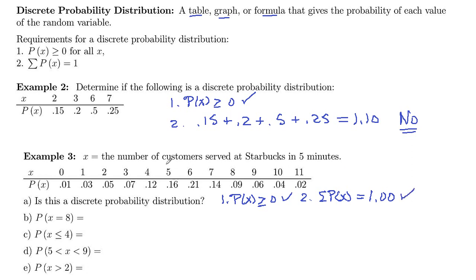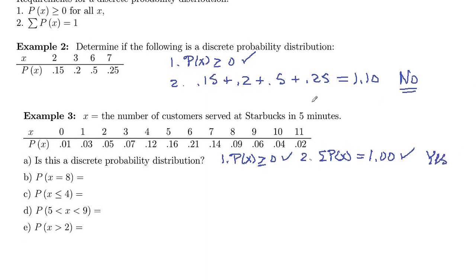So this is indeed a discrete probability distribution. So that one's a yes. And then they want to know what is the probability that x equals 8. So probability of 8 right here, 0.09. So probability 8 customers come through is 9%.